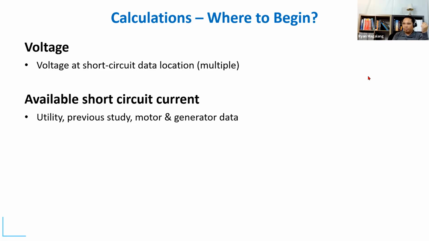You have to relabel it and update the labels, because we know that the fault current tends to increase, and what that means is the incident energy level tends to increase, and so we'll have to put a label to tell the personnel maintaining those equipment.